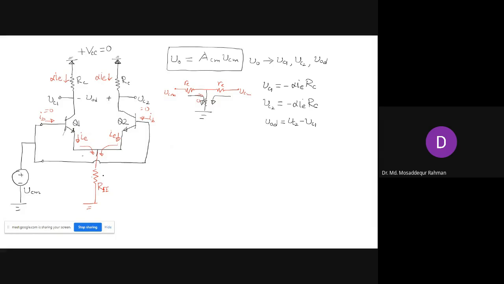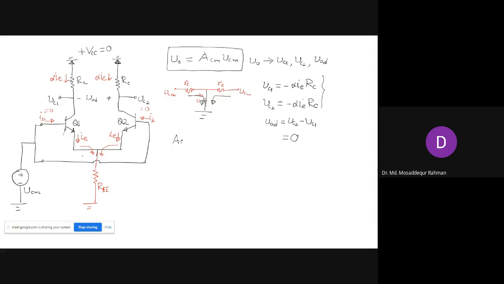You see that since these two transistors are identical and we have the same resistance RE, these two currents will have the same magnitude. And so VC1 and VC2, these two are the same magnitude, and that will be 0. So it is clear that the common mode voltage, when you take the output differentially, is 0, right?